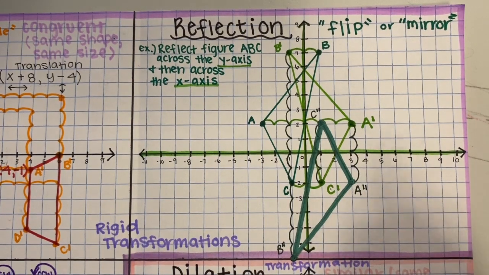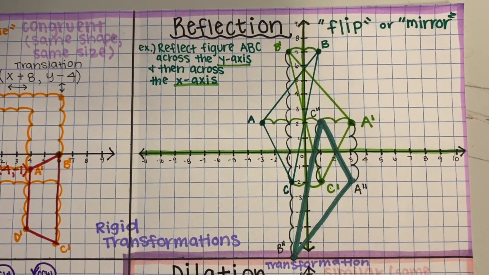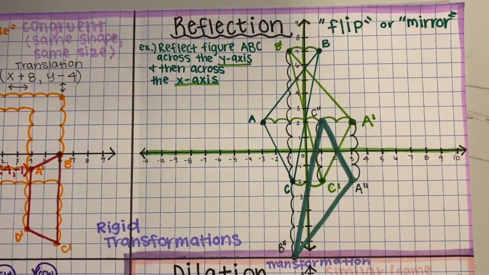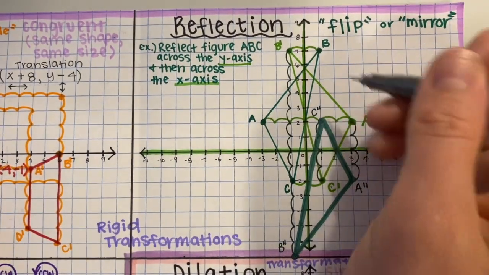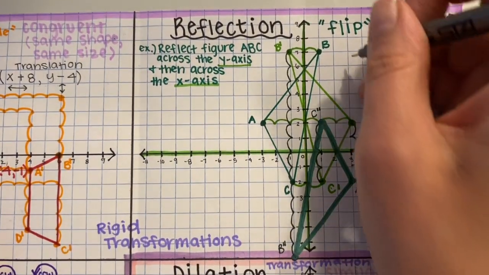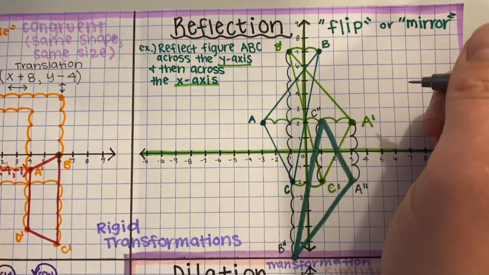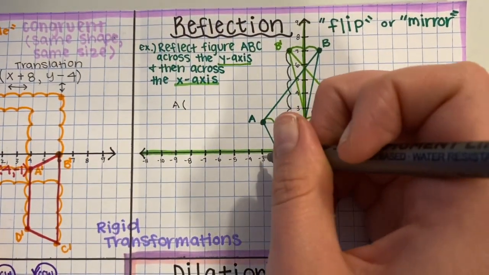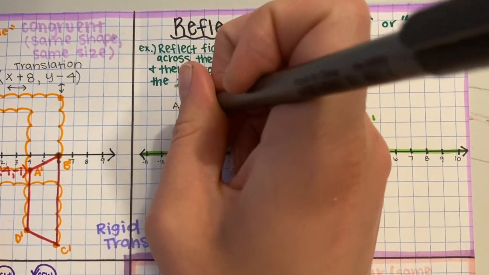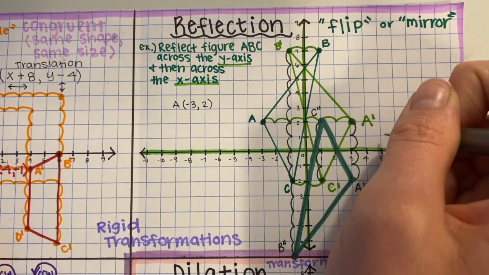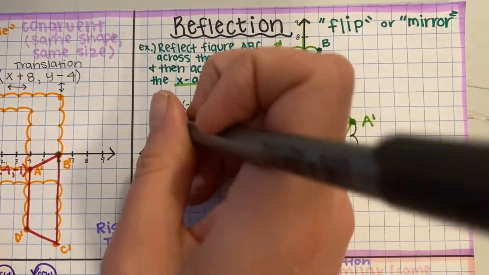Algebraically, a reflection across Y. So this initial reflection, so from A to A prime, A was at -3, 2. And A prime is at 3, 2.